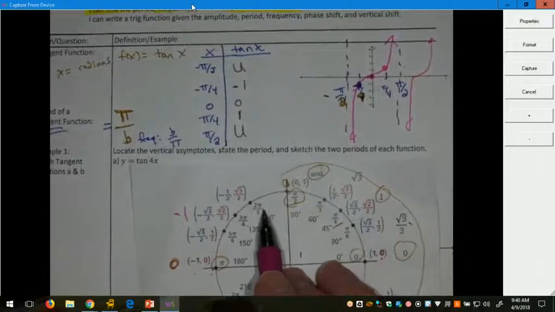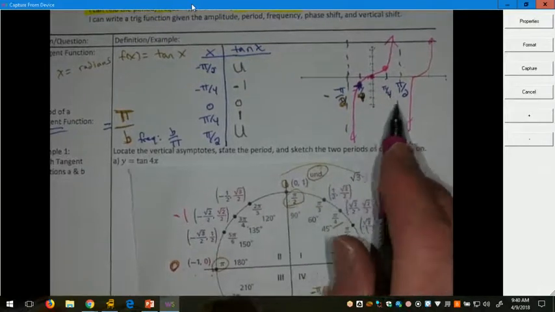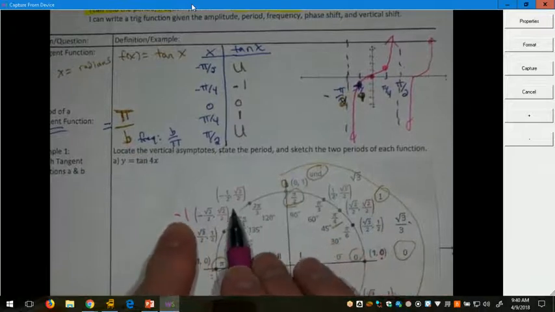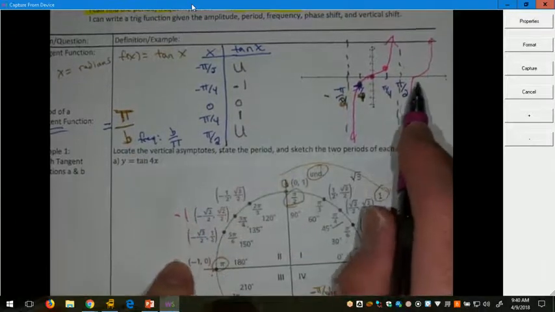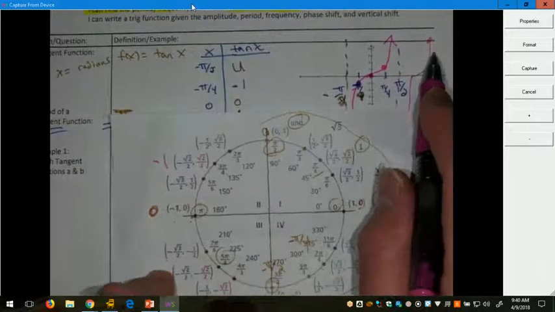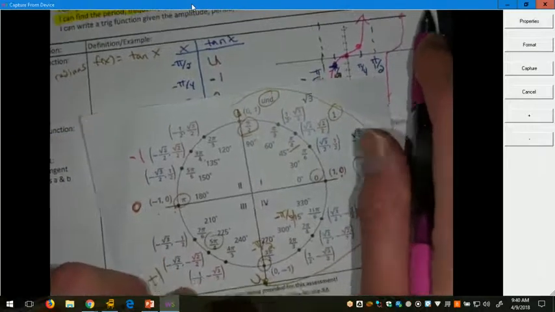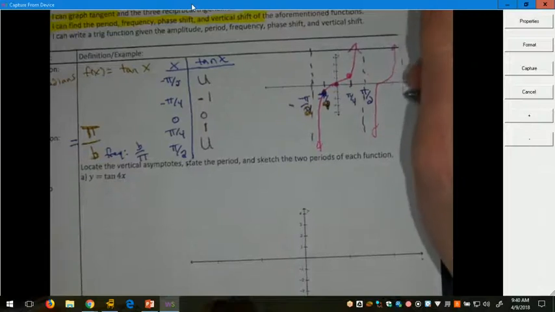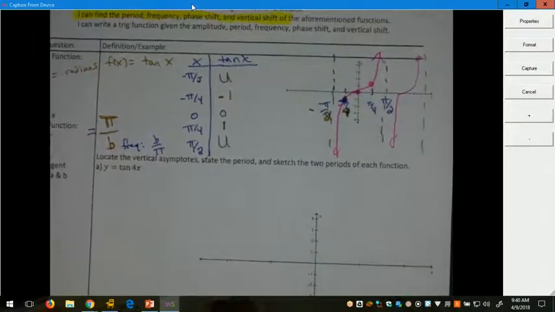When I get past pi over 2 here, that was my undefined value, it's going to come up to negative 1, and then it's going to go to 0, and then it's going to go to 1, and then it's going to be undefined again. So it's going to repeat the same cycle.